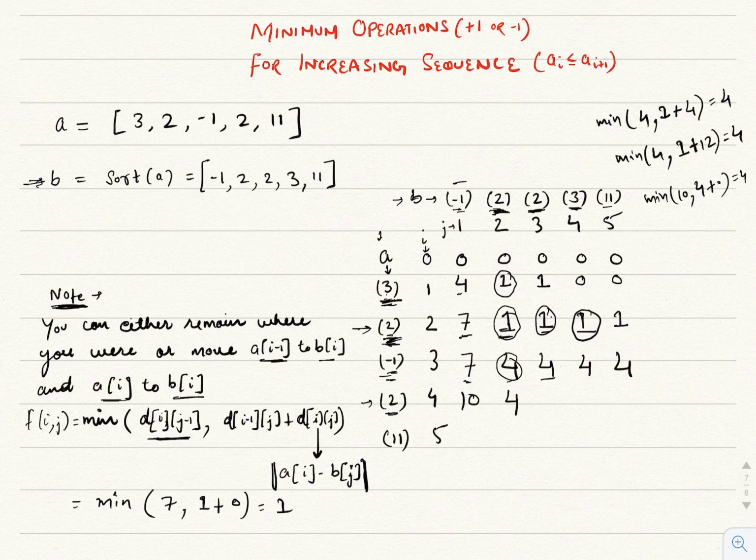For the rest of the elements as well, we'll either remain where we were, which is 4, or we'll use the previous minimum plus moving this 2 to the 2, which is 0. It's again going to give us 4.